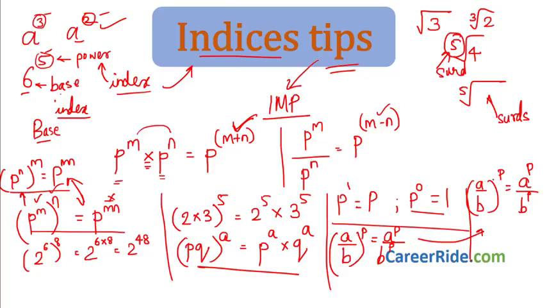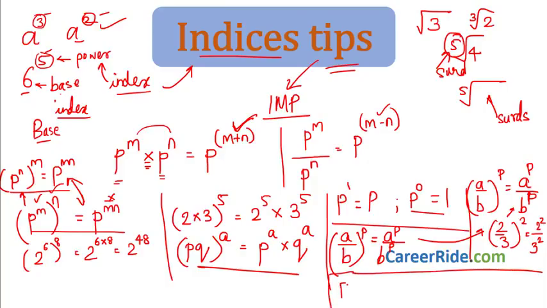Just simply take the raised to power, because what do we do? Say we have 2 by 3 whole square. We take 2 square and we take 3 square. It is the same thing over here. A raised to p divided by b raised to p.